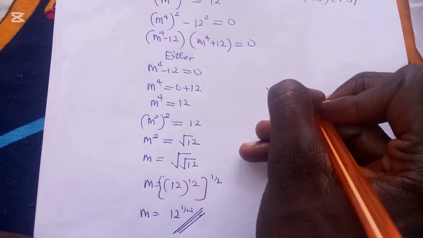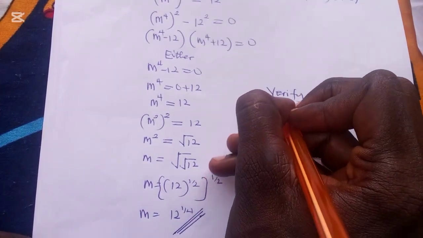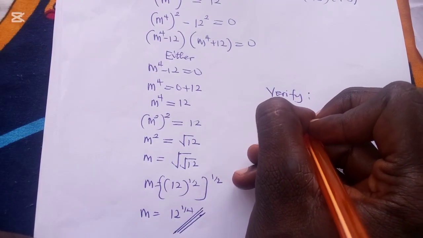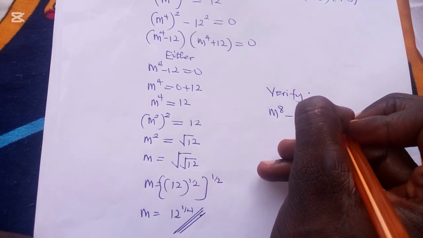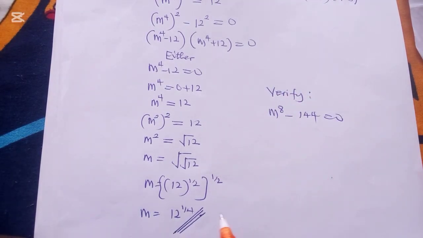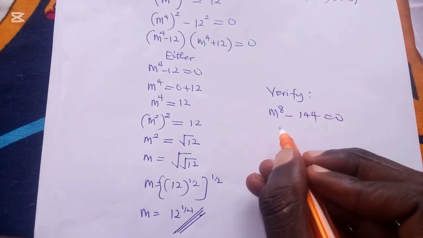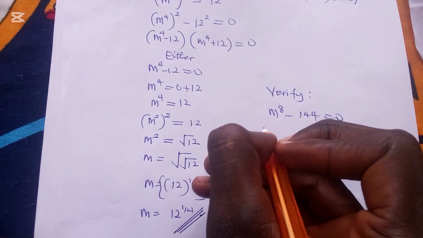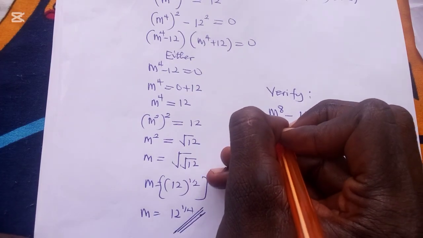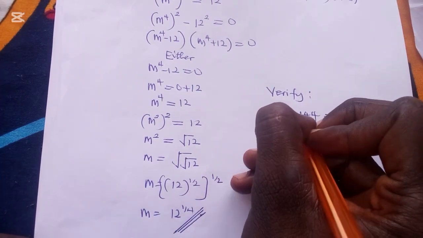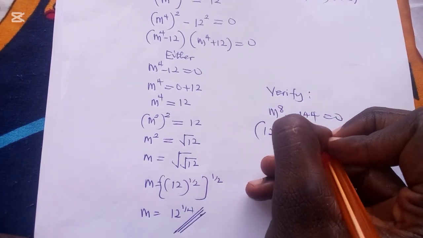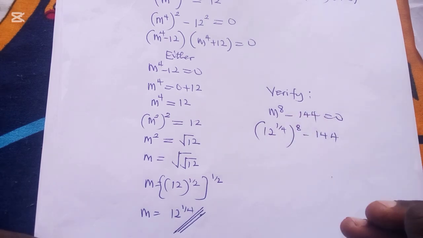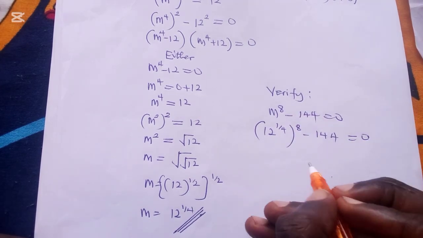Since we are given m raised to the power 8 minus 144, then everything becomes 0. Now I want to verify to see if this answer is correct. Substitute here. We know m is 12 raised to the power 1 upon 4, still raised to the power of 8 minus 144, and this must be equal to 0.